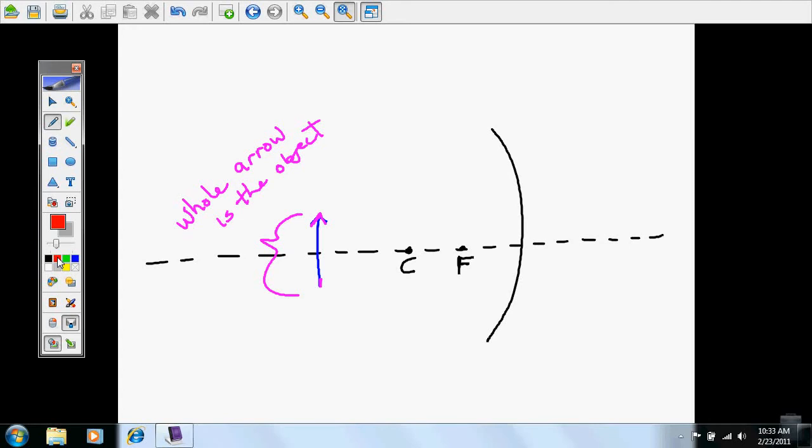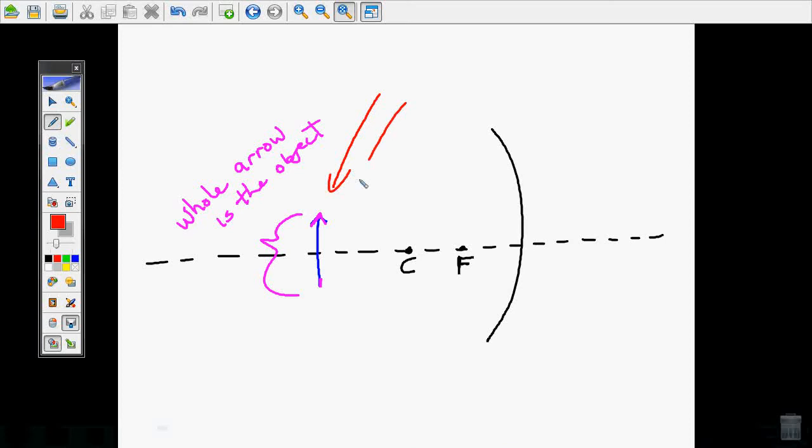I know, and I'm going to erase this. I know that maybe light from the ceiling is shining down on the object, and then light from the object's head is diffusely reflecting in all different directions. But I don't care about all those light rays reflecting off the object. I'm just looking to draw a few key light rays to locate the image.